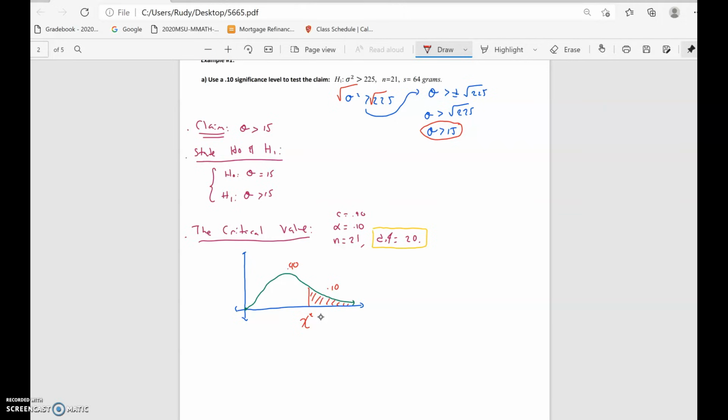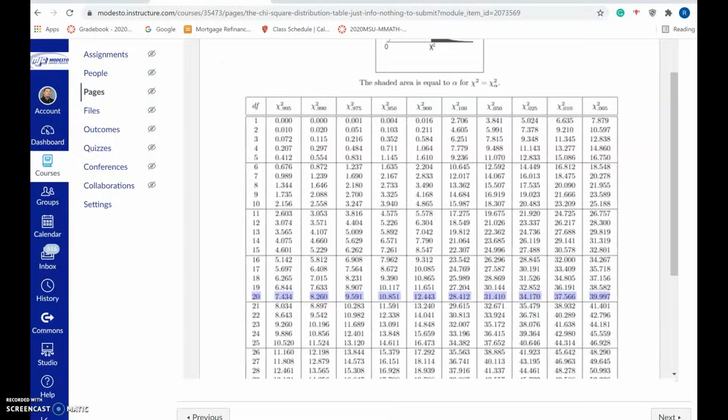We're looking for a chi-square value that has 0.10 to the right with 20 degrees of freedom. So from the table, this one has 0.10 to the right and 20 degrees of freedom. So it's going to be 28.4112. We're looking at this value here.